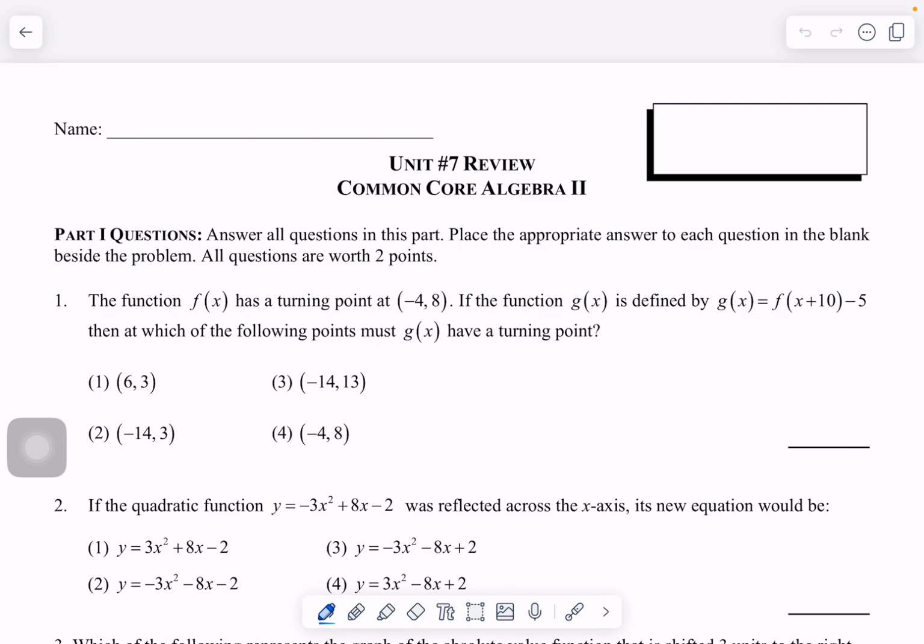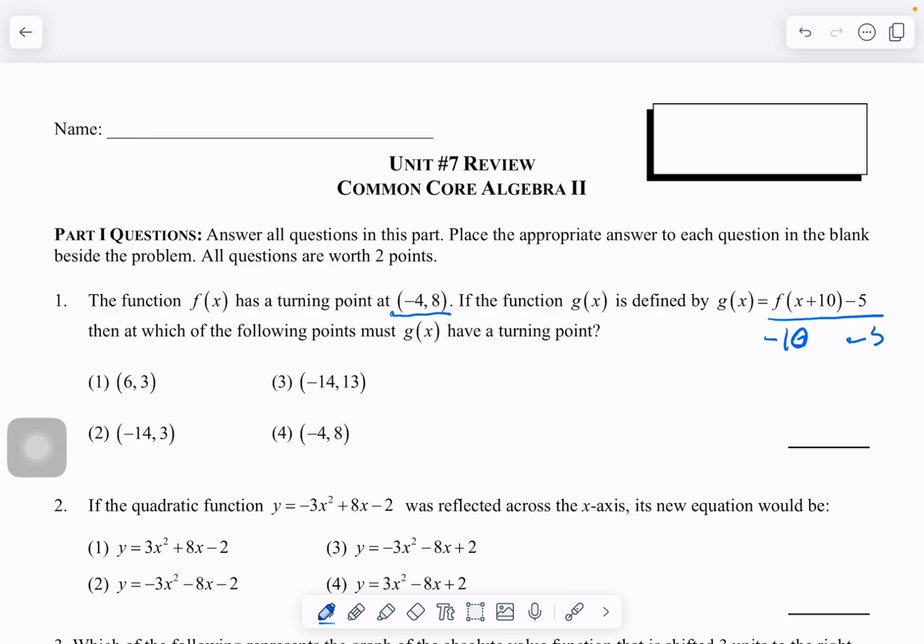The function f of x has a turning point of (-4, 8), and the function g of x is defined by this shift right here, f of x plus 10 minus 5. So in the x direction, we have a shift left of 10, so that's -10. And in the y direction, we have a shift of -5, which is down 5.